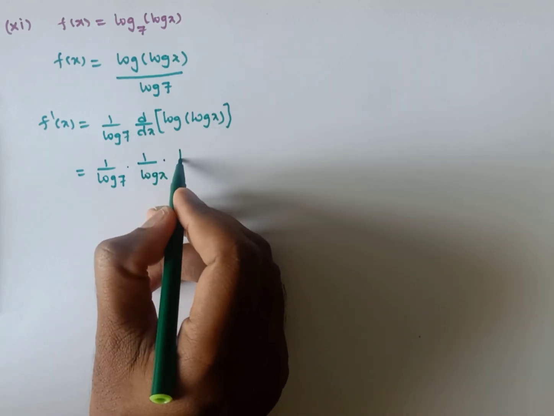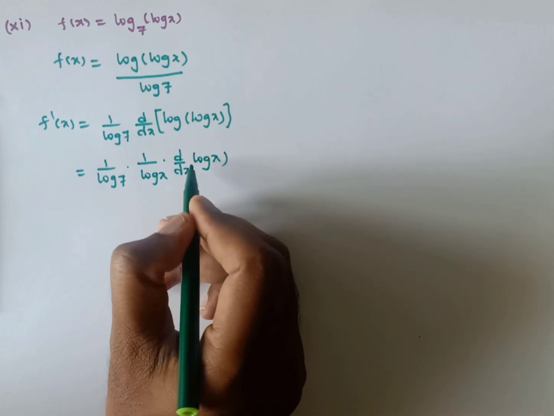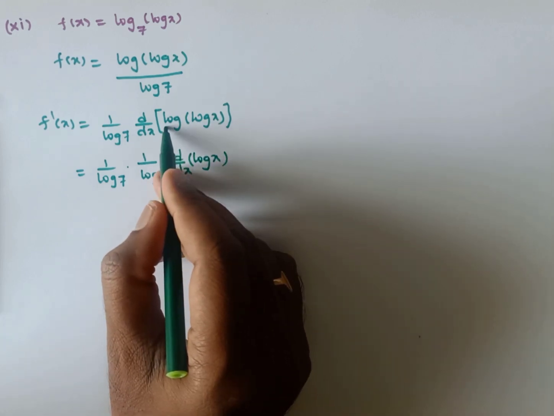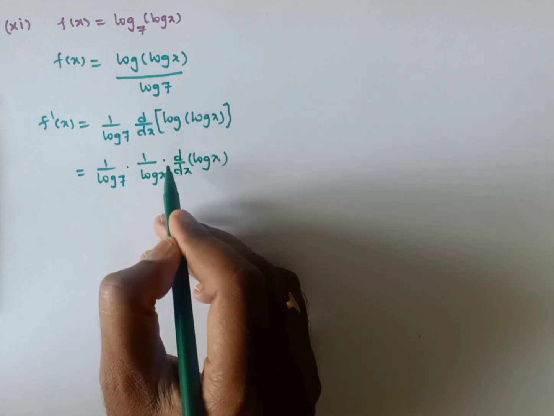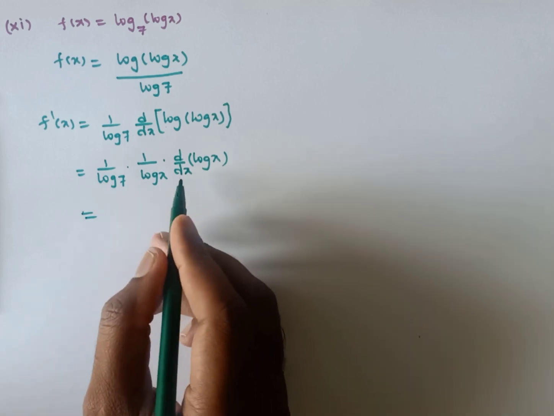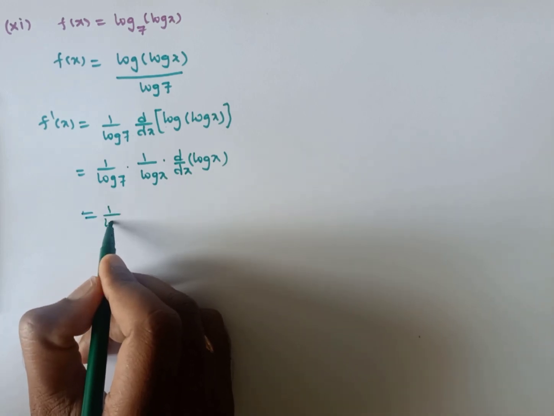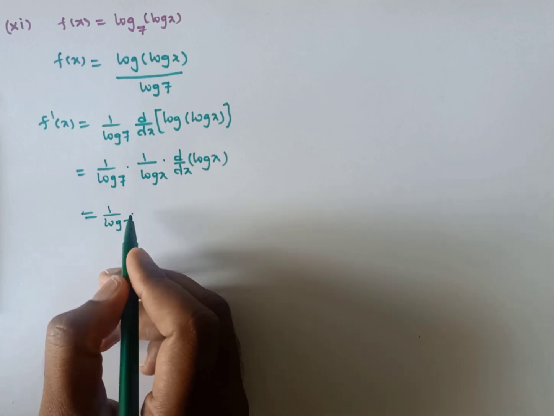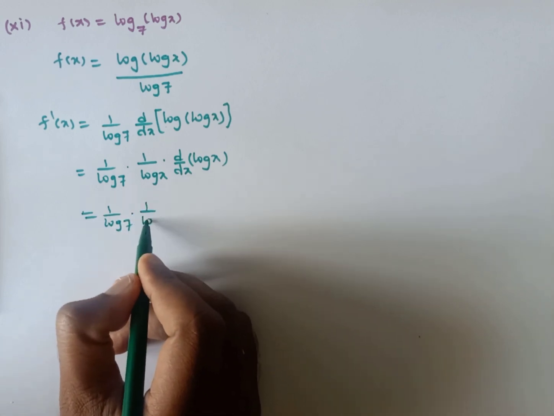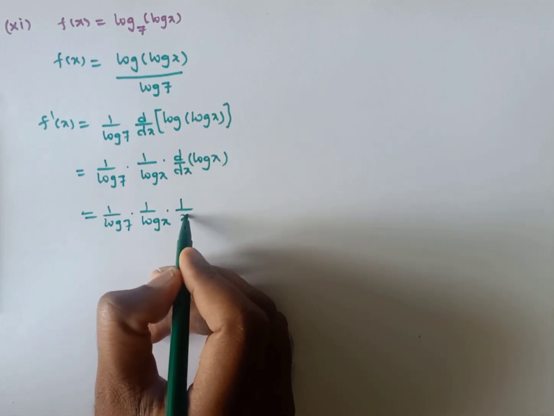Only the inner function is there here, log x. So d by dx of log x. Chain rule application. This is in the form of log u, that is 1 by u into the derivative of u. Why confuse ourselves by assuming u again, we are directly doing it. So this is 1 by log 7 into 1 by log x into the derivative of log x, which is 1 by x.